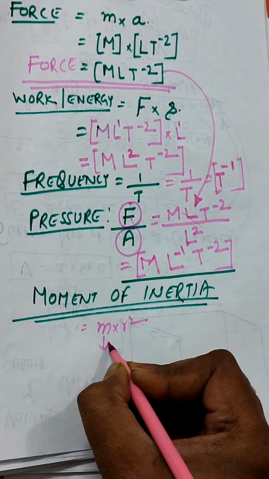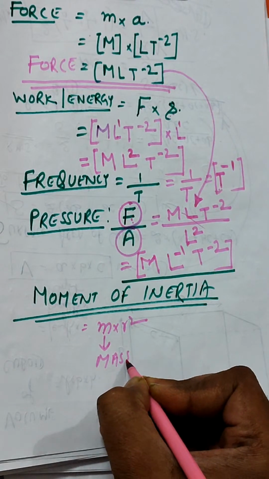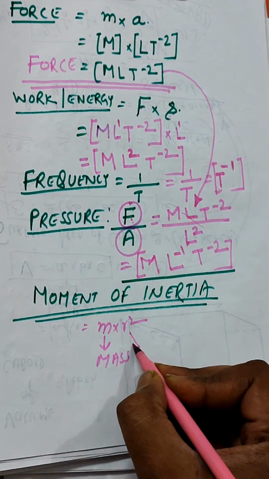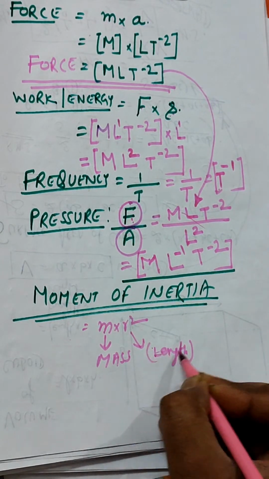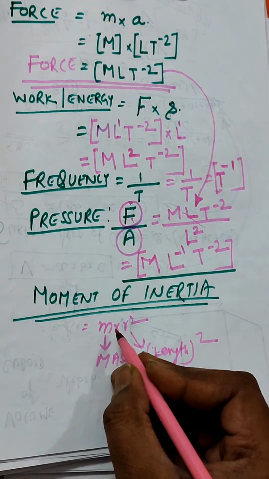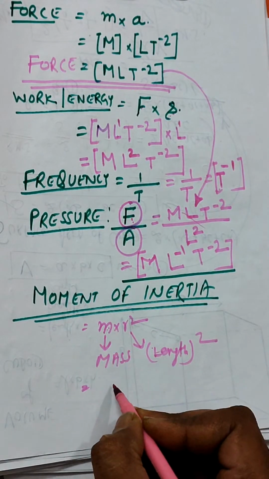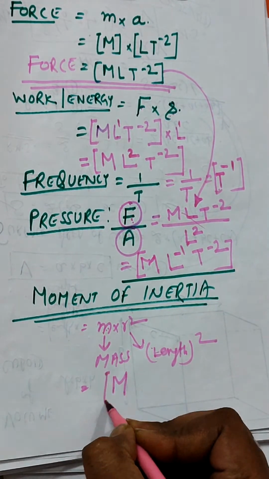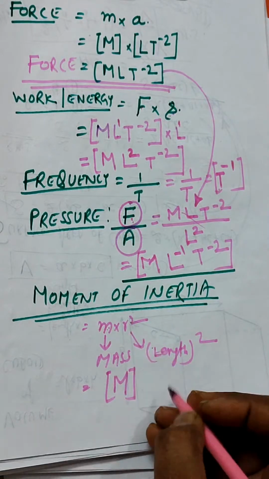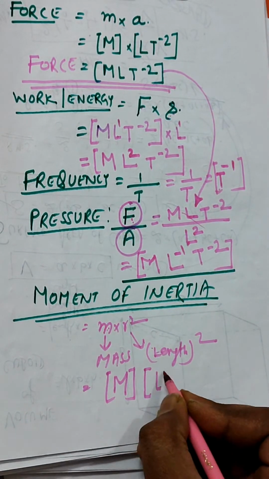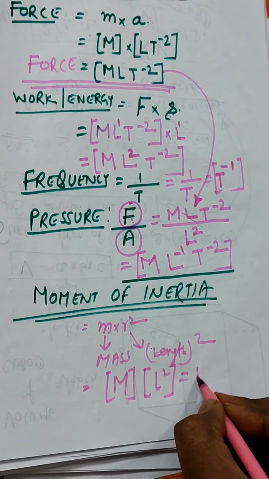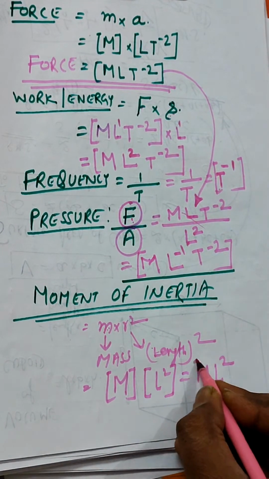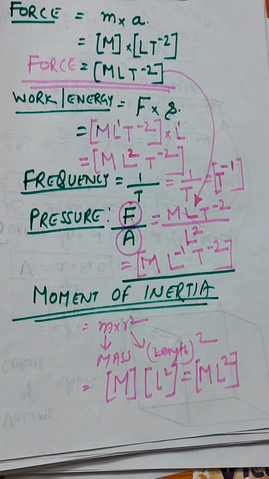So m is mass, and r square is length square, right? The unit of mass is M, the unit of length square is L square, and when you join it, it can be written as ML square. This is the dimension of moment of inertia, right?